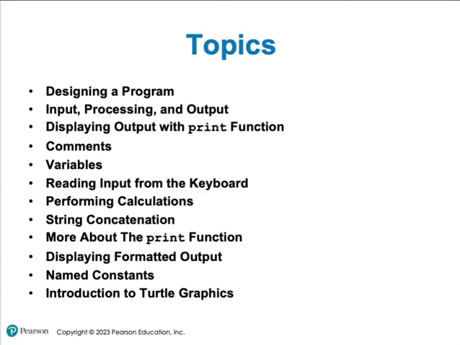We'll talk about how to read input from the keyboard, how to perform calculations, talk about strings and manipulating strings, in particular concatenation, which is sticking two or more strings together. Go a little more in depth into the print function. We'll talk about formatting output, and then we'll talk about named constants. And then, like I said, the last third or so of the chapter is on turtle graphics. That will probably be in a different lecture.